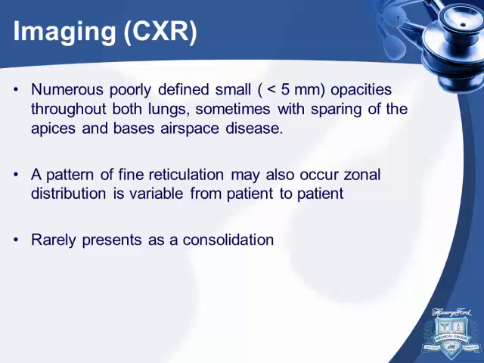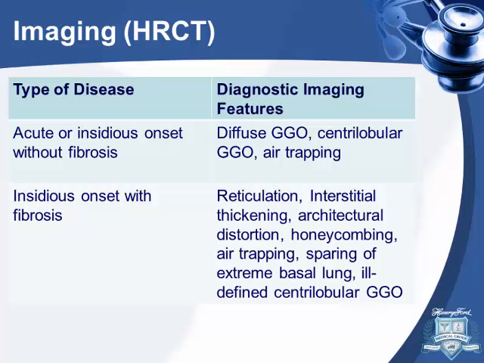Consolidation is very rare. This is where I think HP kind of blew up, after the introduction of the HRCT, which helped a lot in the diagnosis. You'll find some acute changes and some chronic changes.